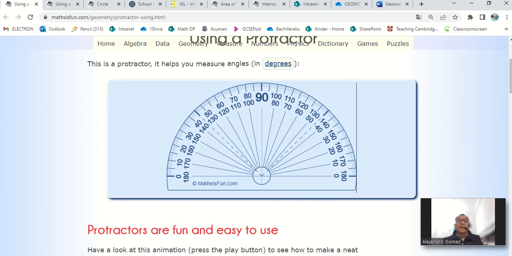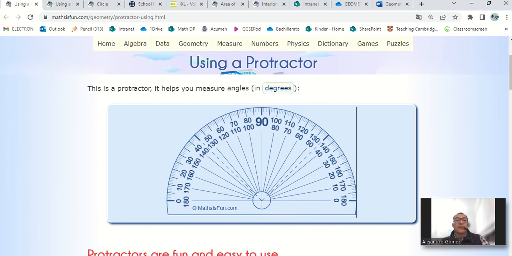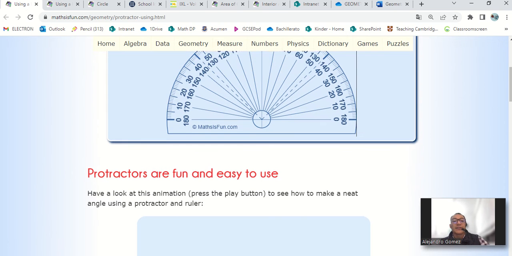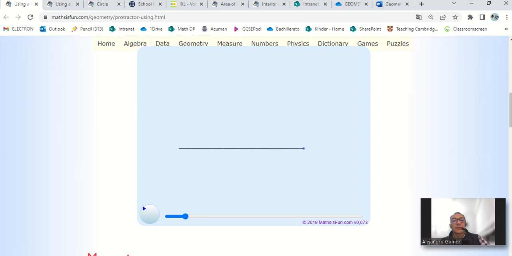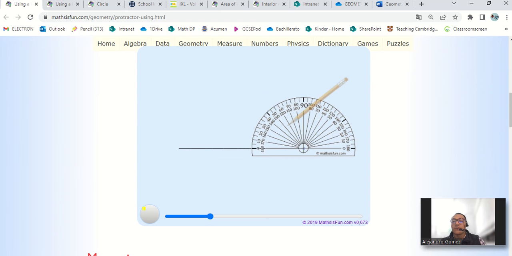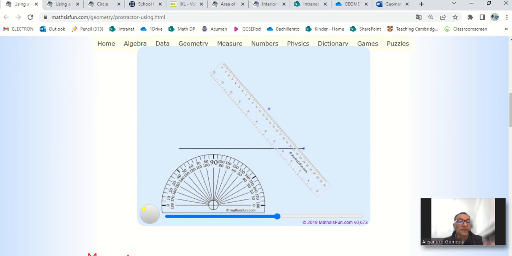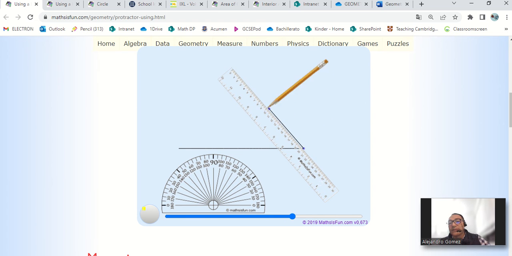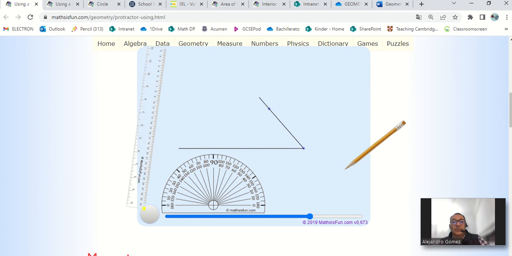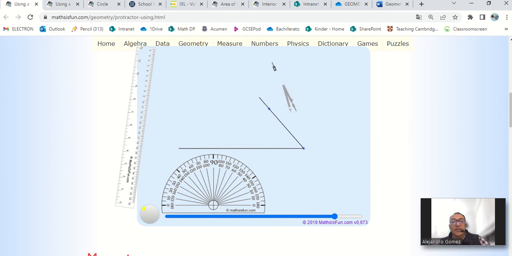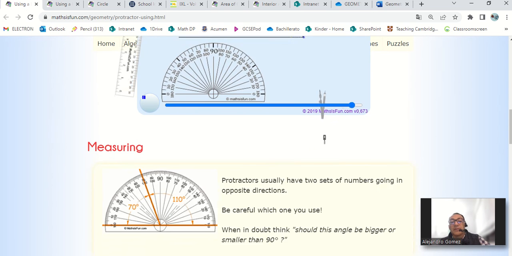Okay, and look, this website explains all the use of the protractor. It has a kind of animated video explanation on how to use it. It has no voice. It is just a drawing, just the animation for you to measure the angle.